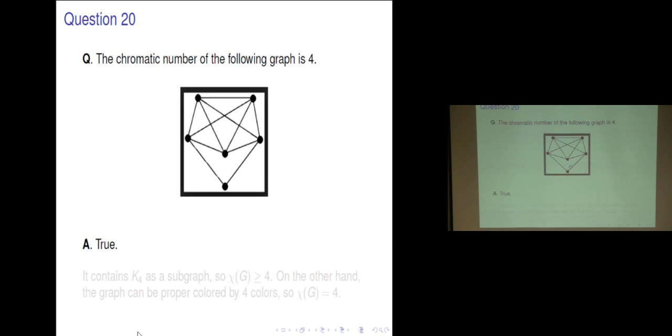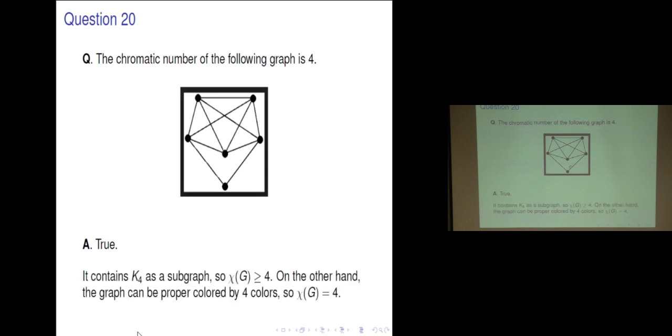Then the rightmost vertex is adjacent to 1, 2, and 4, so we have to color it by 3. So we have 3, 4, 3 here. And then you can color this by either 1 or 2, or you can even color it by 4. So you can do it with 4 colors. Therefore, the chromatic number is indeed 4. I think this is easier than the earlier ones.